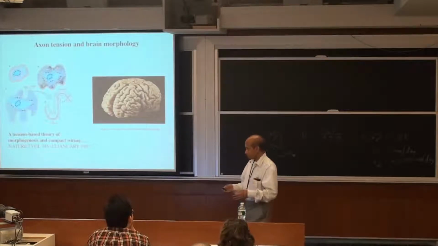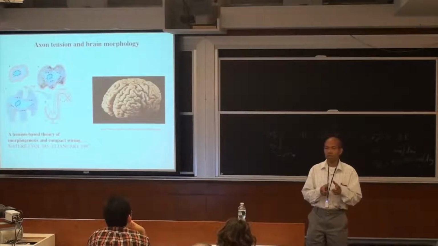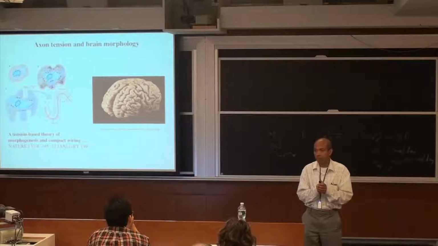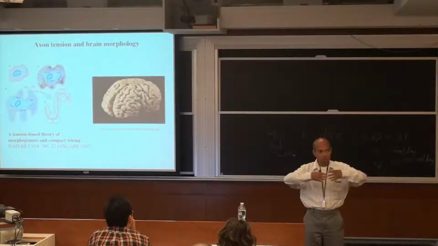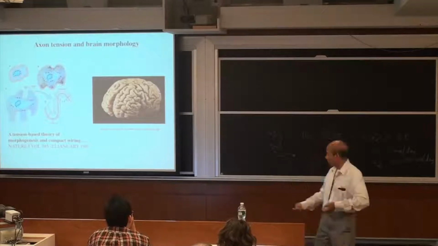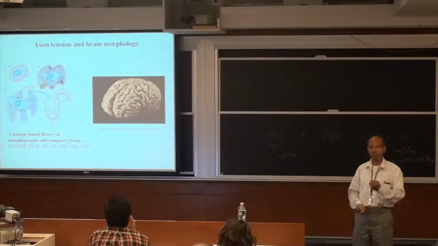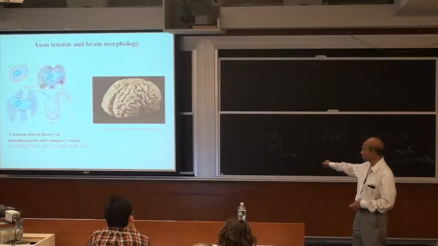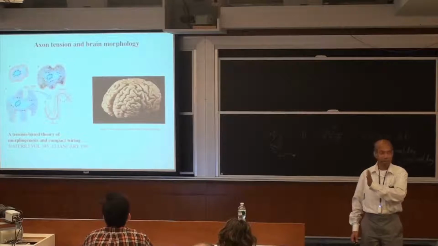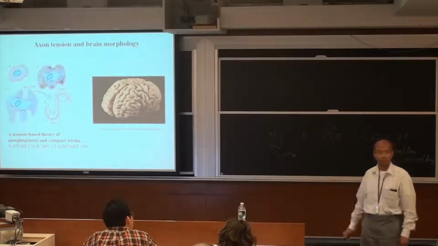Okay? So if you think of a buckling process, if the buckling column is very small, you cannot buckle. Right? You end up having just tension or compression but not buckling. If the ruler is very long, if you push a little bit, it buckles. Right? So Van Essen argued that when the brain size is below a certain size, then you should not see this apical folding. And then he shows that in the whole spectrum of animal size, brains which are below a certain size do not have this apical folding.